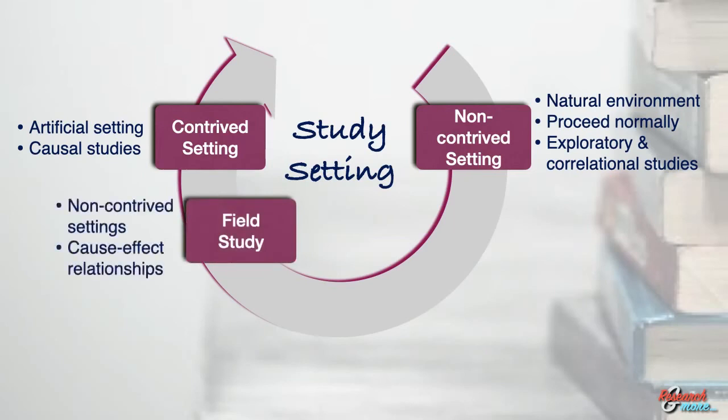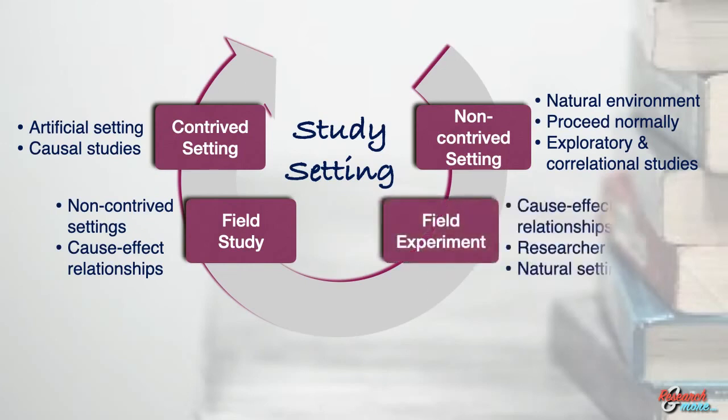Various factors are examined in the natural setting in which daily activities go on as normal with minimal researcher interference. In a field experiment, cause and effect relationships are studied, with some amount of researcher interference, but still in the natural setting where events continue in the normal way.